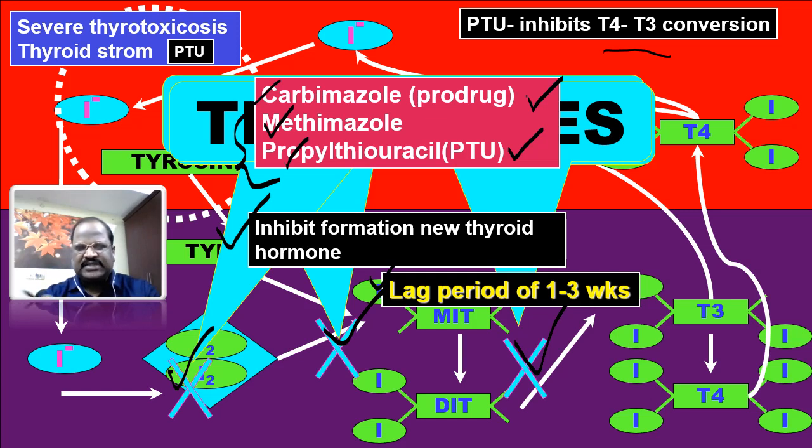Second point, propylthiouracil has very strong plasma protein binding capacity, so less chance of crossing the placental barrier compared to methimazole. All these are minor differences between methimazole and propylthiouracil.